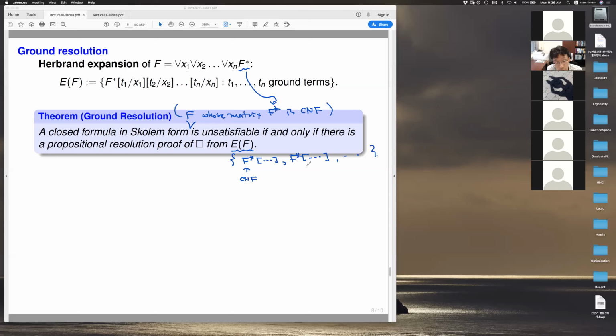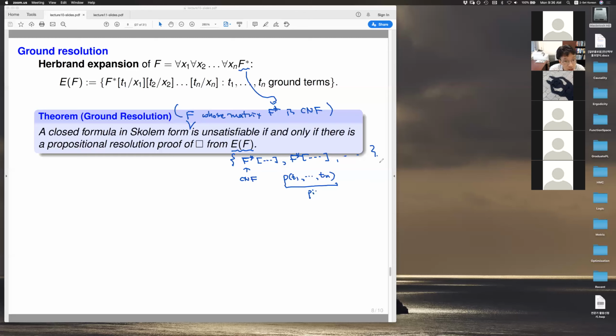That's because we don't have any quantifier. And when you apply this propositional resolution proof, we can just treat all these base cases, like a predicate symbol P applied to t1 up to tn, as a propositional variable Pi. Okay? So if we do so and apply the resolution proof, that may let us conclude the infinitary conjunction is unsatisfiable.